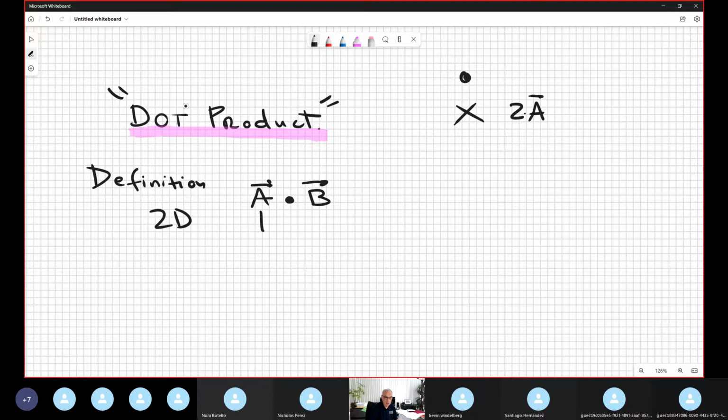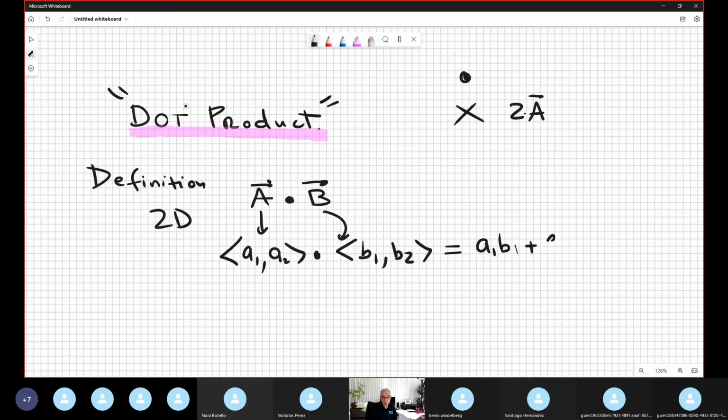And suppose that vector A in 2D has the components A1, A2, and B, dot product, B1, B2. The formula to compute the dot product is to multiply component by component: A1 times B1 plus A2 times B2.